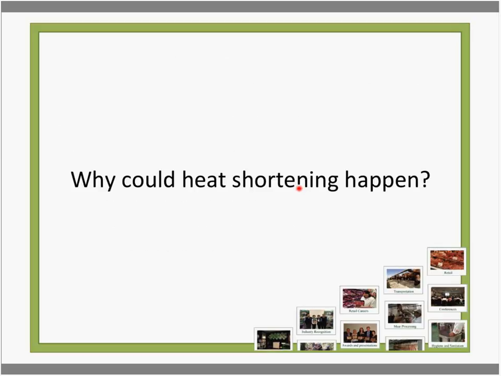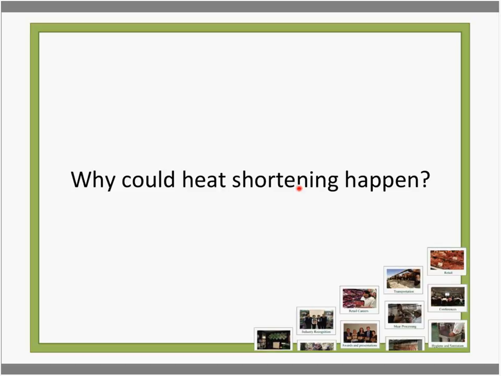So the next one is, why could heat shortening happen? I do understand that heat shortening and cold shortening can get a bit confusing.